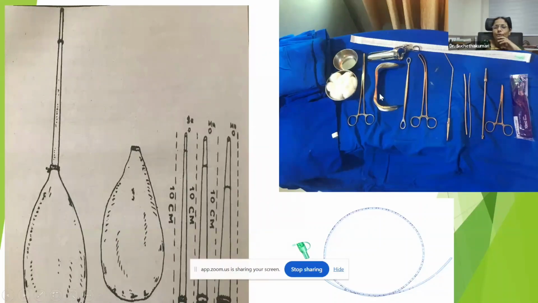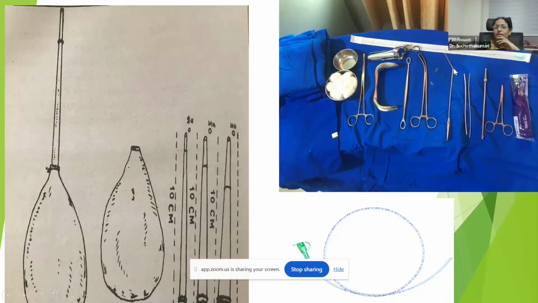Here we have the speculum and the retractor. The speculum can be either the Sims speculum or the Cusco speculum, and if the Sims speculum is used, we have to use the anterior vaginal wall retractor and expose the cervix. Once the cervix is exposed, you have to hold the anterior lip of the cervix with the vulsellum, and after that, the length of the uterus has to be measured with the uterine sound.